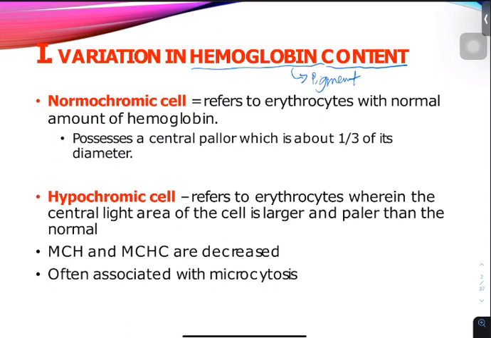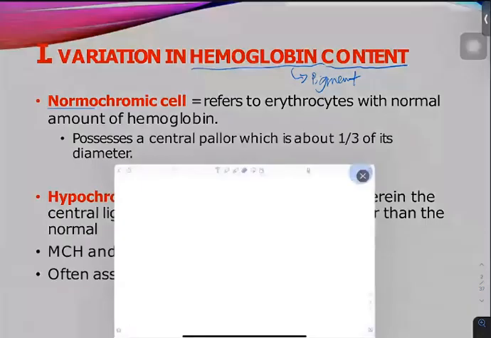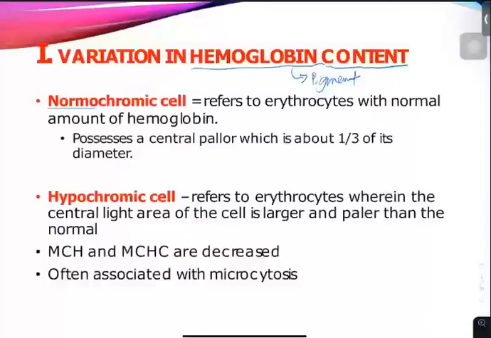If it's normochromic, normo means normal, and chromic means color. So if the pigment or the hemoglobin in your RBC is normal, then the cell is normochromic.